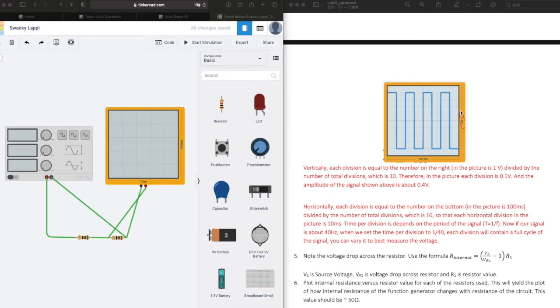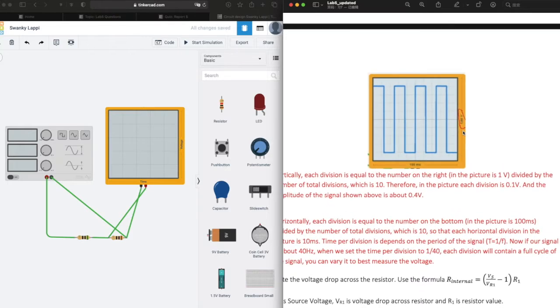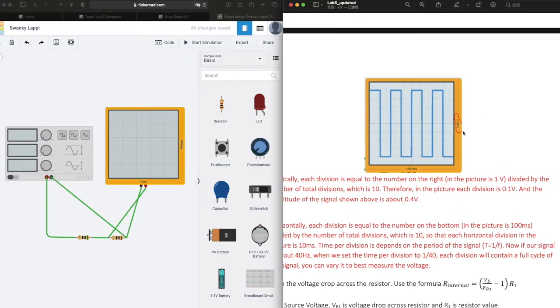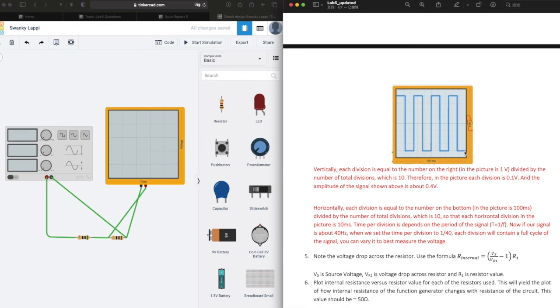So the number on the right is 1 volt and the number of total divisions is 10 here. So for each square, it's just 1 divided by 10, which is 0.1 volt.